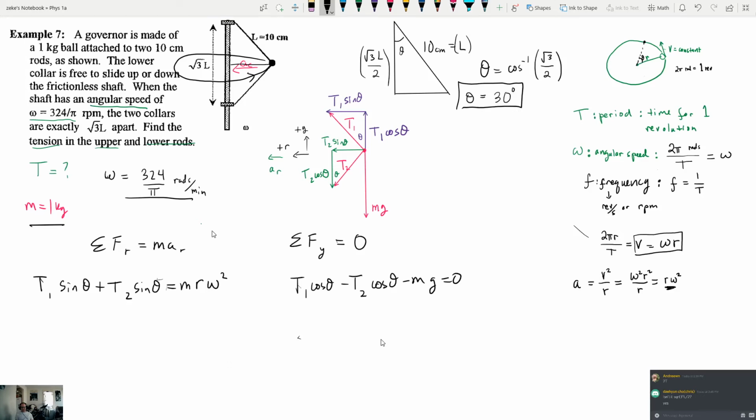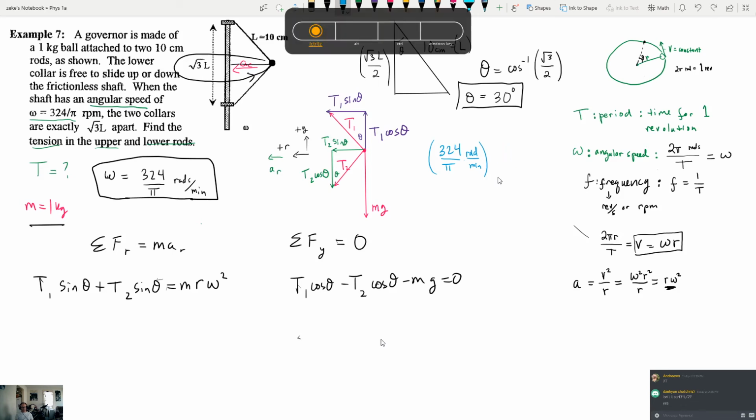Let's go ahead and convert this as well. If I have 324 over pi radians per minute, I have to multiply this by 60? Because there's 60 seconds.